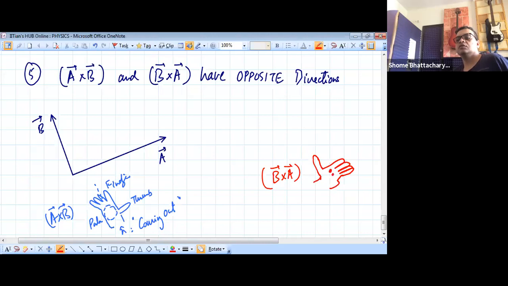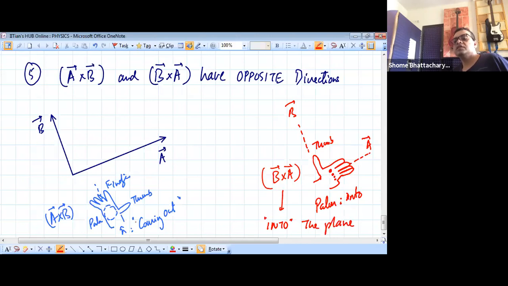Then this will be the side of our knuckles. So our thumb will point along the vector B, and our fingers will point along the vector A. So the palm is into the plane. So for B cross A, the direction will be into the plane, whereas A cross B is coming out of the plane.